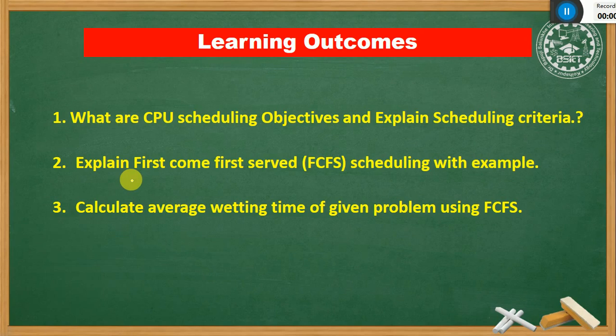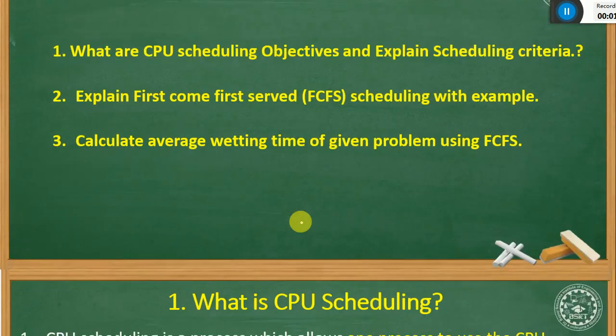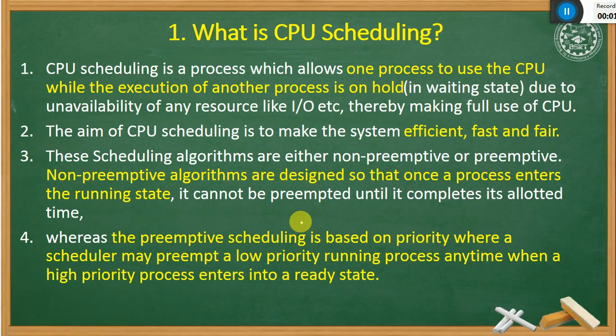Then students are able to explain first come first serve, that is FCFS scheduling, and its advantages and disadvantages, and they can easily calculate the average waiting time of a given problem. So our focus is on the first come first serve scheduling algorithm.